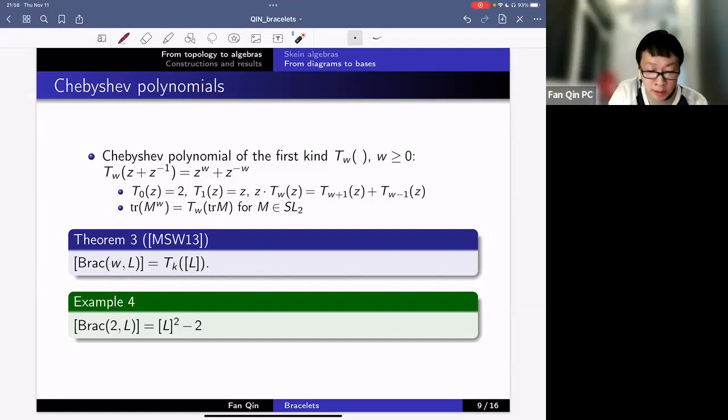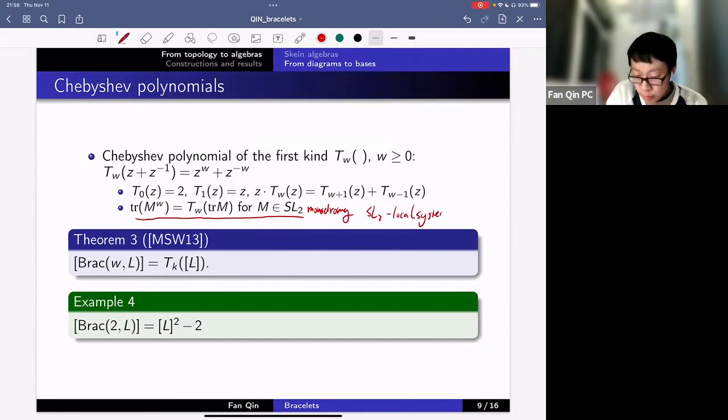And the important part is that the trace of a matrix, a monodromy matrix for this SL2 local system, is represented by some matrix in SL2, and if you take the trace of going around W times, this gives you the Chebyshev polynomial of going around the single loop. So this is why Chebyshev polynomial is related to this SL2 situation.